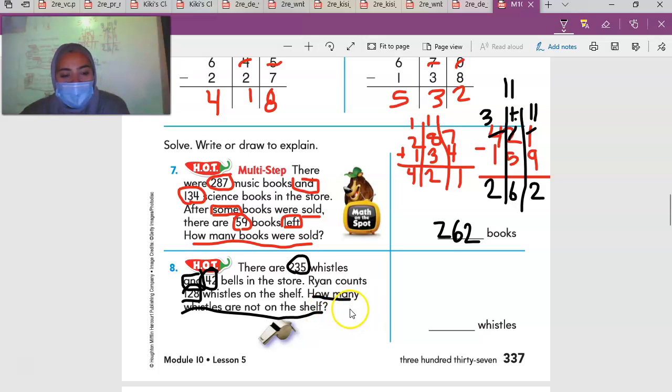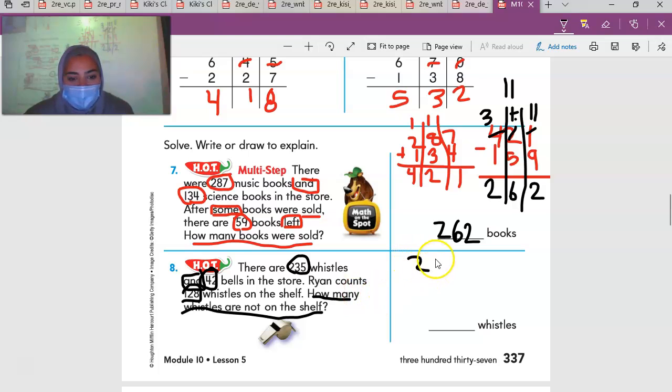What does the question say? Let's read it together. How many whistles are not on the shelf? Do we care about bells at all? No, we don't care about bells. We know there are 235 whistles in the store. Ryan counts 128 on the shelf. How many are not on the shelf?